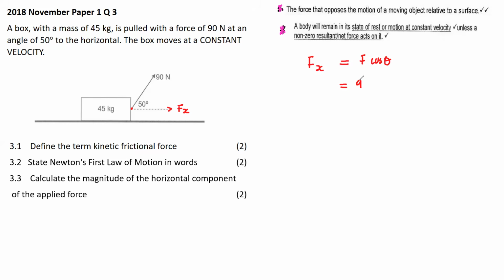The F is 90 times cos of the angle 50. So let me write it down: 90 cos 50. In your calculator, you should get an answer like 57.85 newtons. So that is the magnitude of the horizontal component of the applied force.